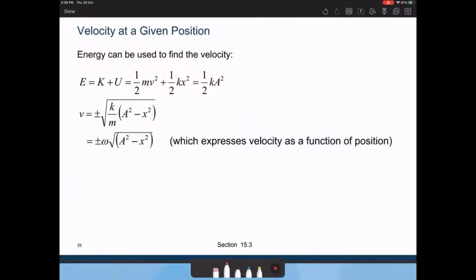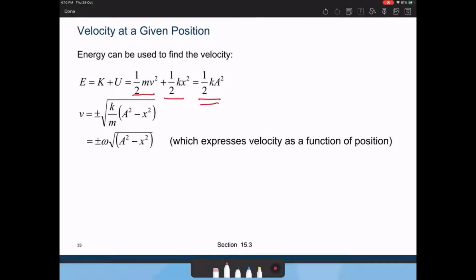So if you really want to decide the energy or the velocity at a given location from the equilibrium point, this is how we could do it. The total energy is 1/2 kA squared, and that is equal to 1/2 mv squared plus 1/2 kx squared.